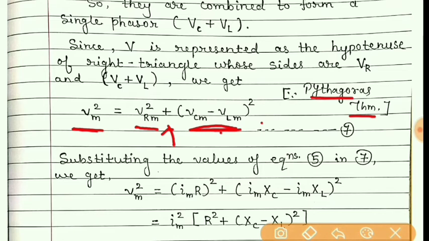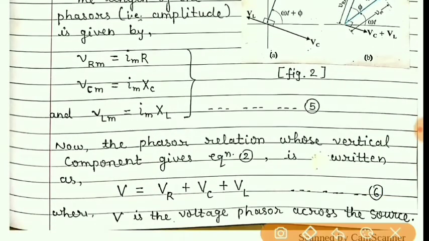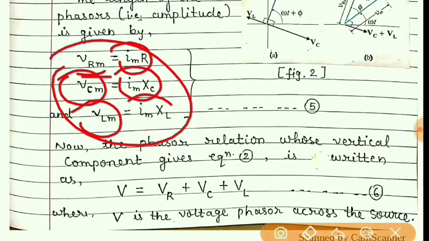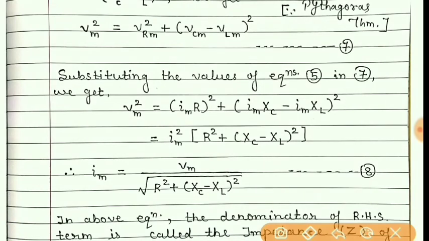Now substituting values of equation 5 in equation 7. In place of VRm we write ImR, in place of VCm we write ImXC, and in place of VLm we write ImXL. Values are taken from equation 5, and so we will get this.